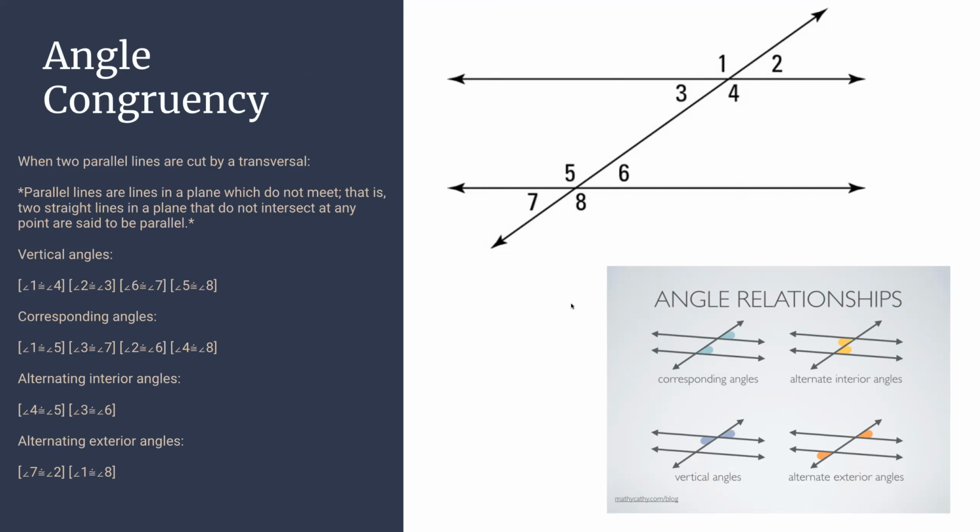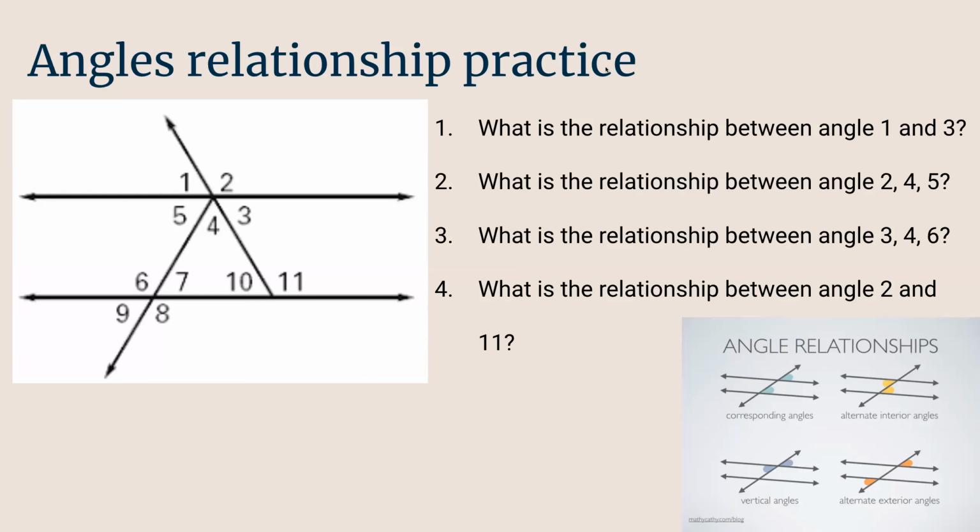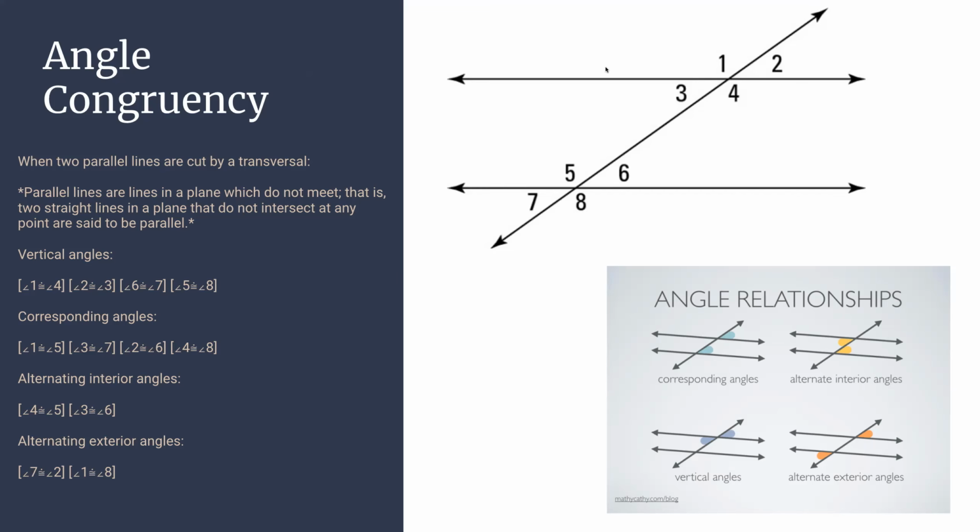So basically, you have the angles in the top half and the angles in the bottom half. And the corresponding angles are the ones that are in the same or corresponding positions in each half. So in this case, it would be angles 1 and 5, angles 3 and 7, angles 2 and 6, and angles 4 and 8.